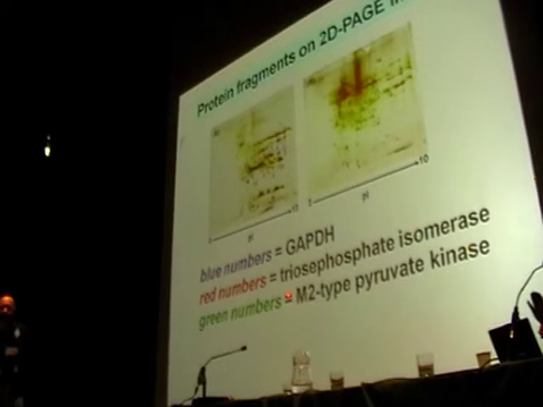And these are rather large fragments. It's not peptide level. You see, for example, this is a marker at 36,000, and we have dozens of fragments which are lower in molecular mass, but they're still big proteins and they might be properly folded.